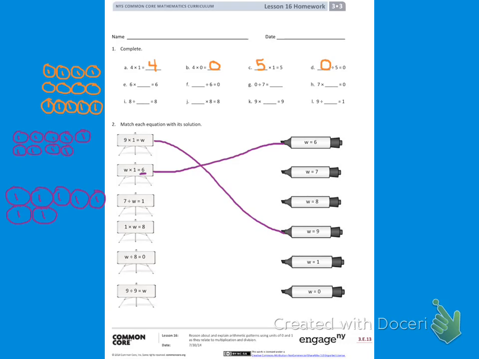How many people were there, or how many groups were there? 1, 2, 3, 4, 5, 6, 7. Oh, so W in this case is 7. 7 divided up by 7 is 1. Again, I'm going to draw a nice smooth line. All right, the last 3 are up to you.